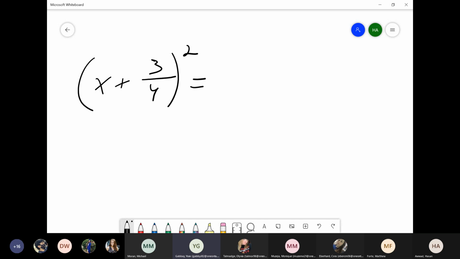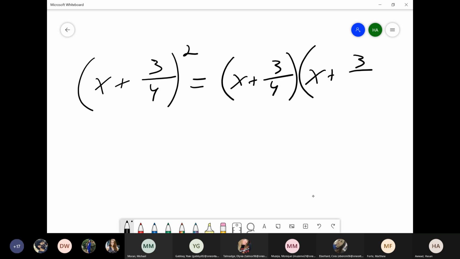Multiplied by itself. Yeah, exactly. We have a square, so we take the entire piece being squared, everything inside the parentheses, and multiply it against itself. So that's x plus 3/4 times itself, x plus 3/4. Perfect. Now we have a binomial times a binomial.